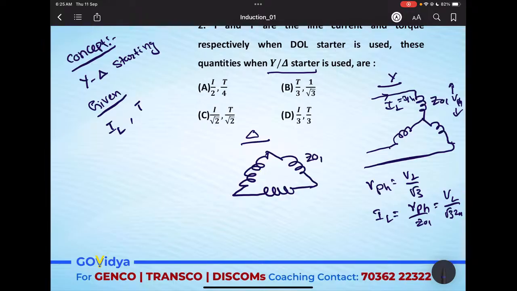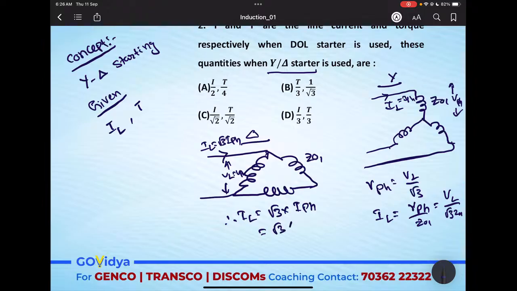Let's take it is Z01. In delta, line current is equal to root 3 into phase current, and line voltage is equal to the phase voltage. From this we can calculate IL is equal to root 3 into I phase. What is the phase current?